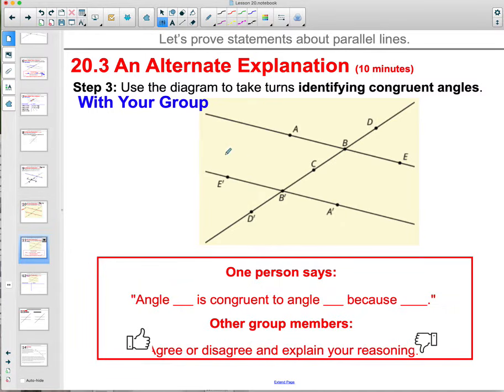So we're going to do the same thing that we did on the last one and come up with congruent angles. Which angle is congruent to which one and why? Go through here and see if you can find those angles, agreeing or disagreeing with your group.